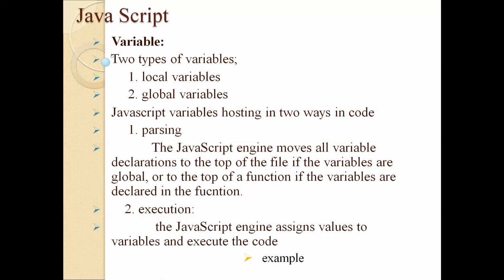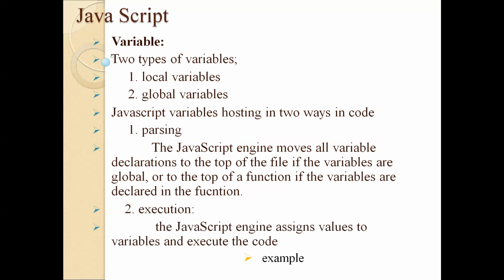First, JavaScript engine will move global variables to the top of the file, local variables to the top of the function, and then after moving the variables to certain positions in the file and in the function, the JavaScript engine will assign values, and then it will execute the code. So this is what happens inside execution of a JavaScript code, right?